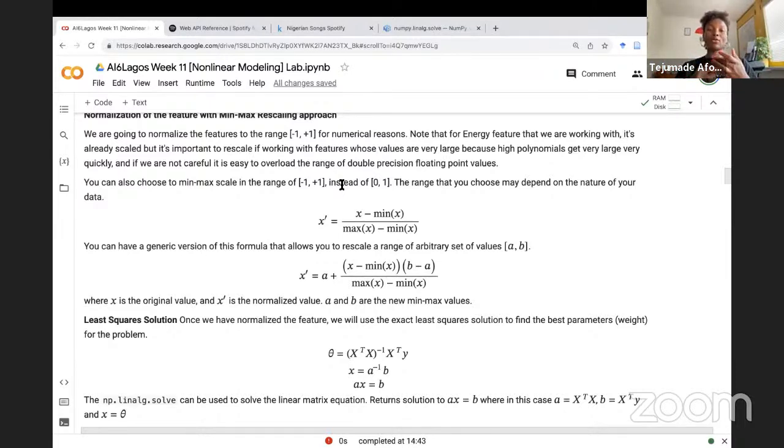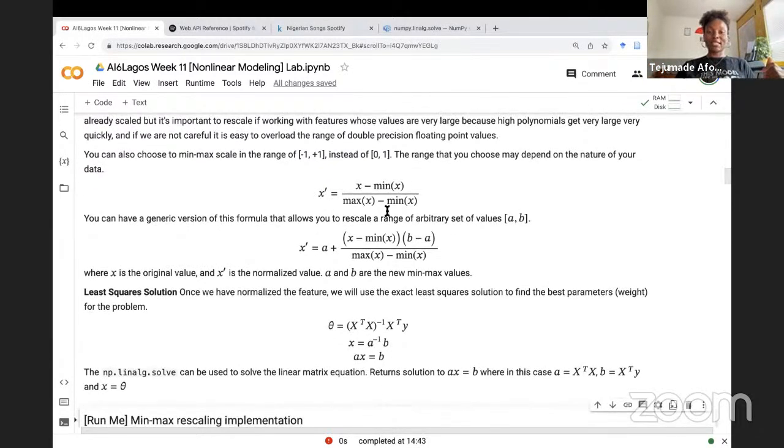A very popular min max that people use is 0 to 1, or the -1 to +1 range.